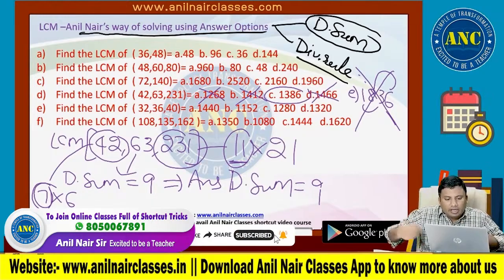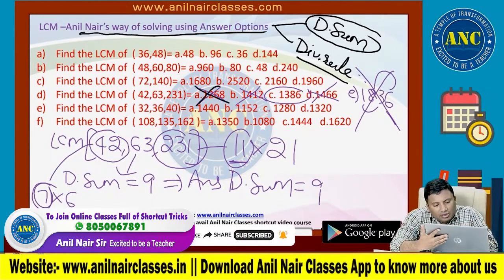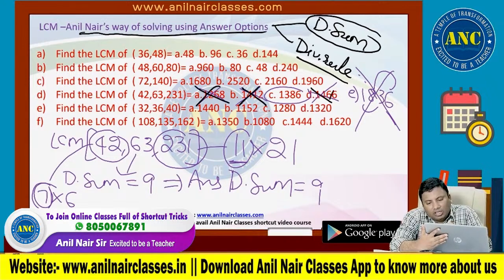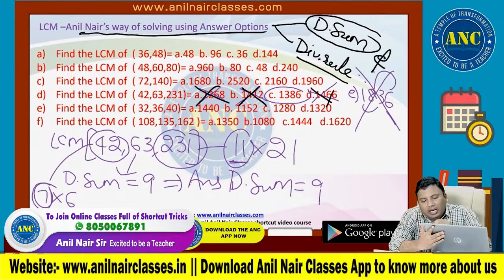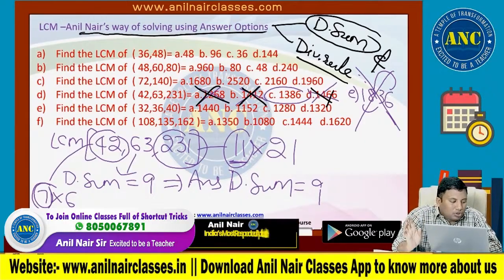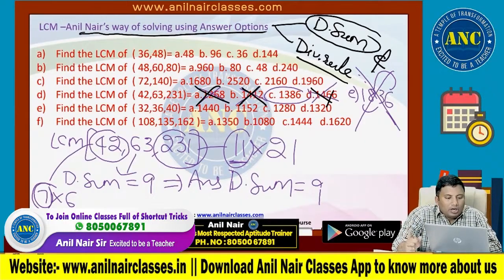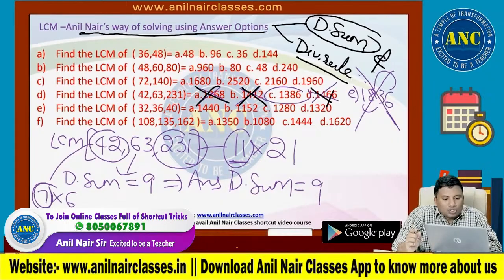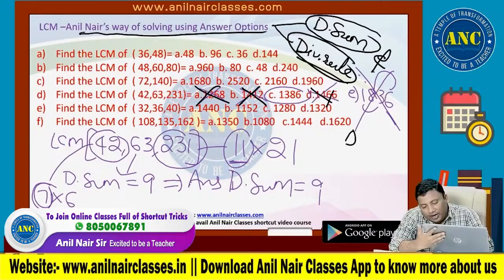Right? Digital sum is 9. This is out, this is out, this is out. Both the conditions should be satisfied. Digital sum should be 9 and divisibility rule should be satisfied.